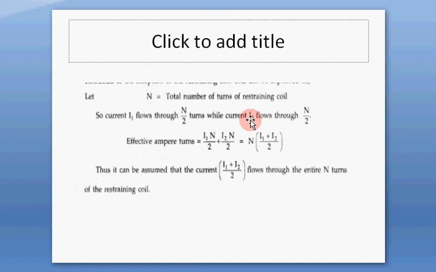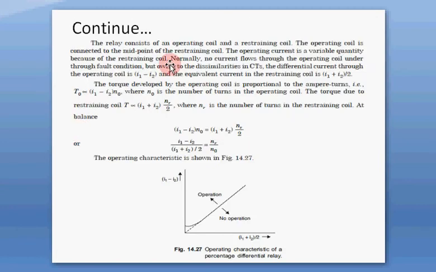If we add the MMF of both, we get the effective number of turns, that is I1 N by 2 plus I2 N by 2, and the resultant will be N into I1 plus I2 by 2. This N in our case is NR. So the torque is proportional to I1 plus I2 into NR by 2.